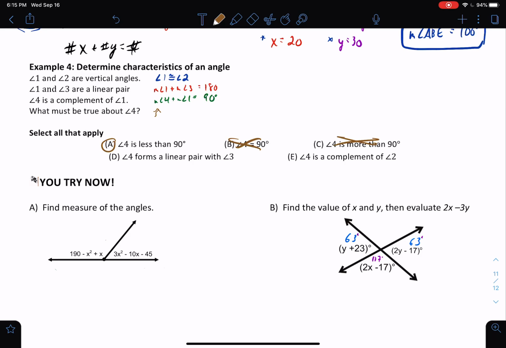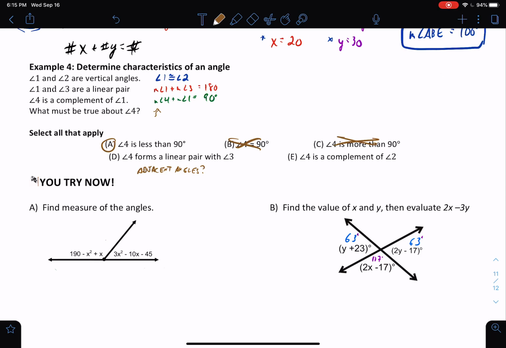Angle 4 forms a linear pair with angle 3. Now, this gets a little bit tricky, okay? Because I don't know anything about adjacent angles. So I cannot conclude anything with that. All right?